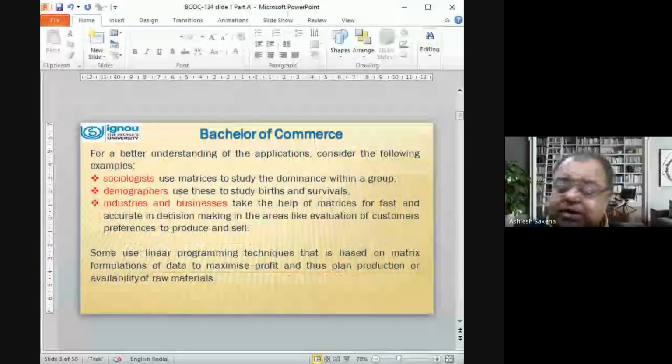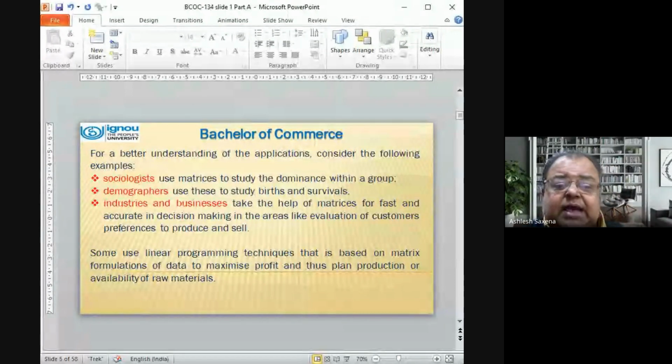For a better understanding of the application, we consider the following examples. Businesses take the help of matrices for fast and accurate decision making in areas like evaluation of customers' preferences to produce and sell. Some use linear programming techniques that are based on matrix formulation of data to maximize profit and then plan production or availability of raw materials.